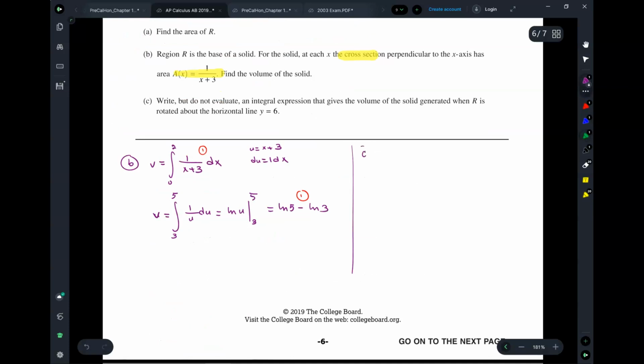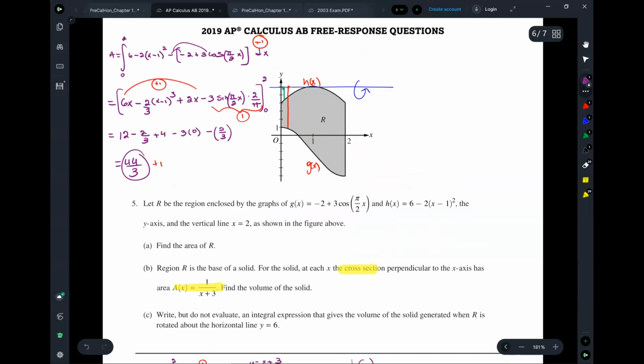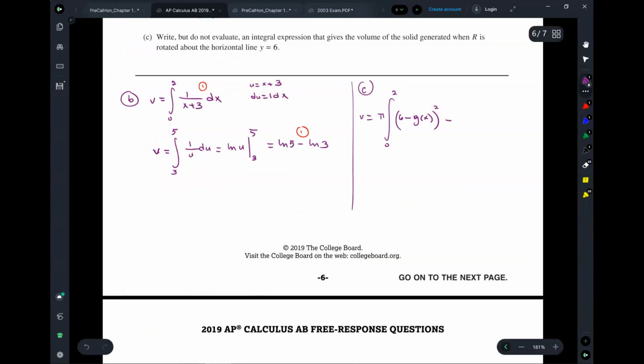So for part C, V is pi times the integral from 0 to 2 of 6 minus g of x squared minus, what's the little r? 6 minus h of x squared dx.